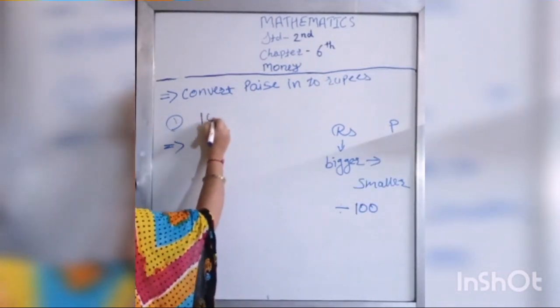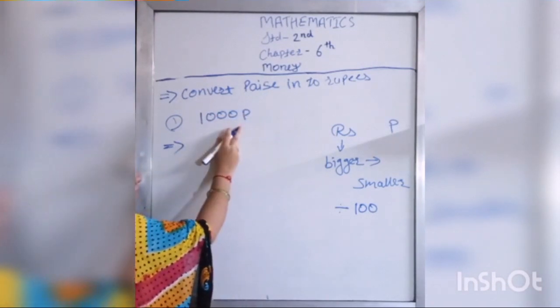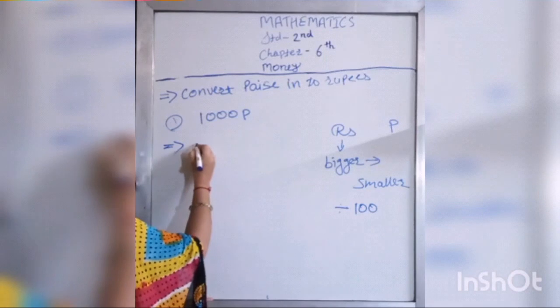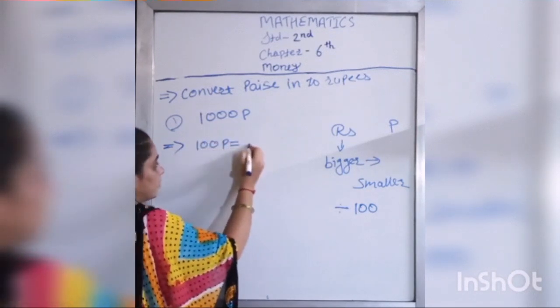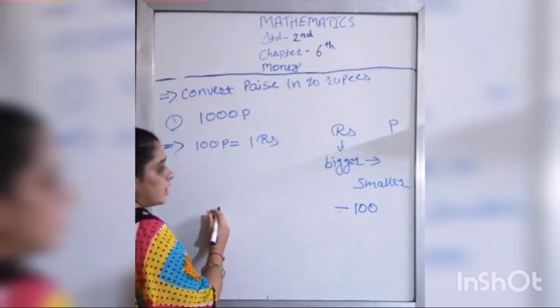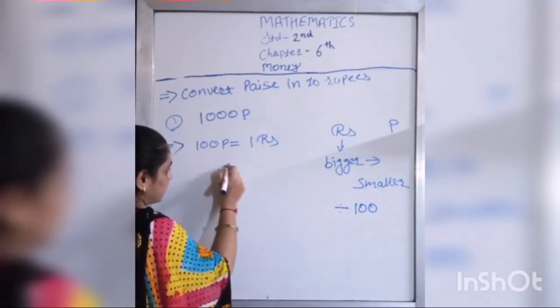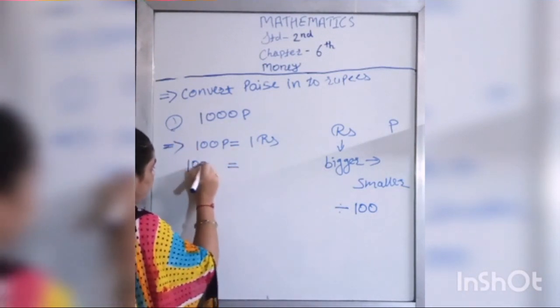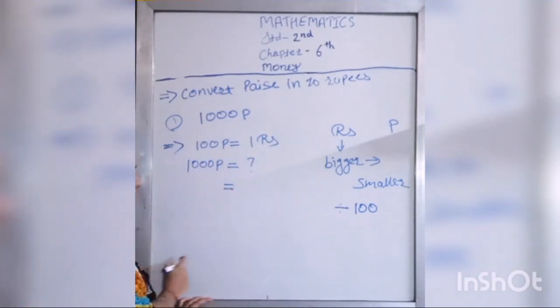Second example, 1000 paise. This we have to convert into rupees. See here, 100 paise is equal to 1 rupee. As we are converting a smaller unit to a bigger unit, 1000 paise is equal to how many rupees? Can you tell me the next step?